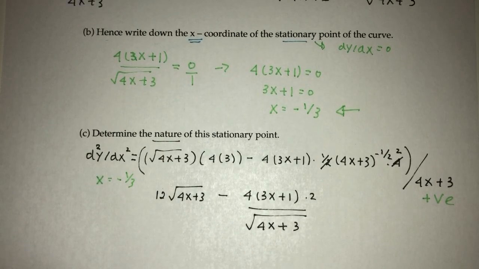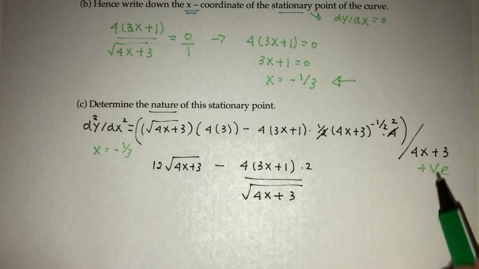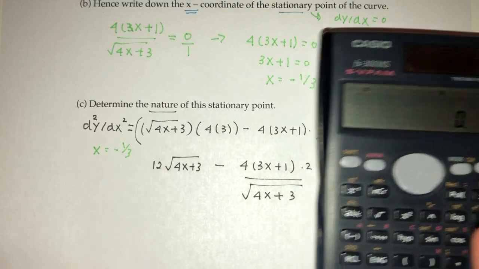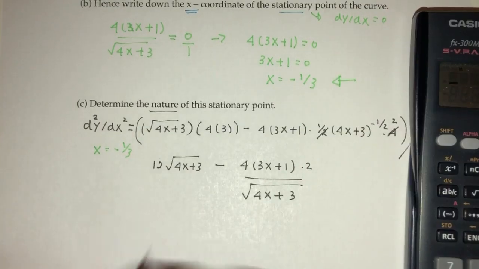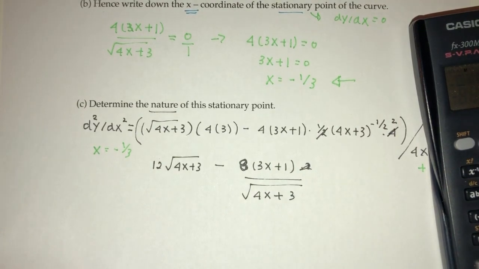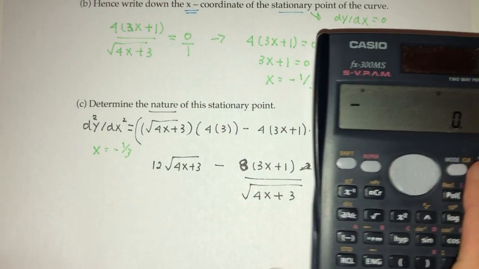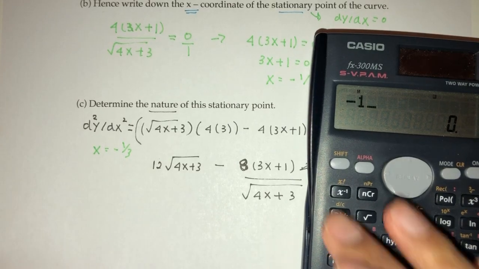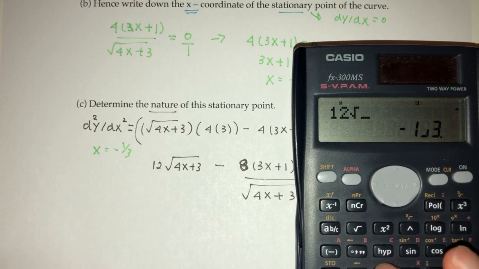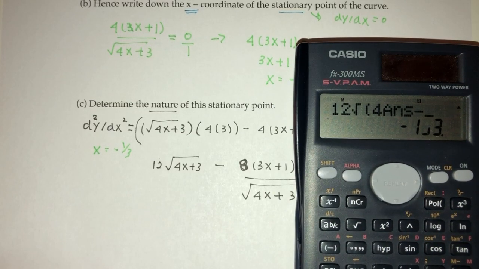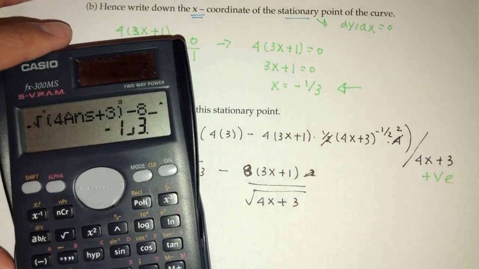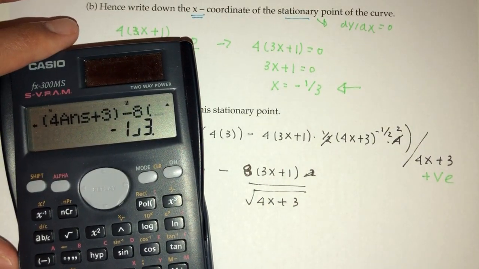Now let's see what we have for those values. So this we don't care about because it is positive. Now for the rest, let's see. This one will become 8, right? Because 4 times 2 should be 8. So you will have minus 1 over 3 as your answer. So we have 12 times root of 4 times the answer plus 3, and then minus 8. So let's use 2 brackets.